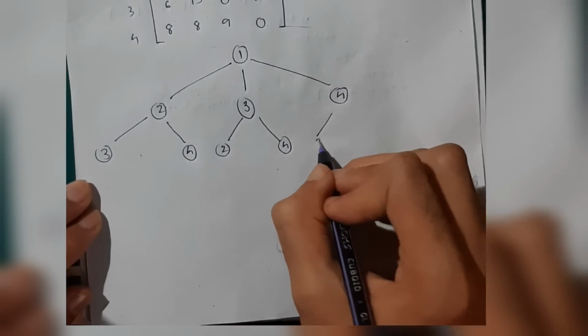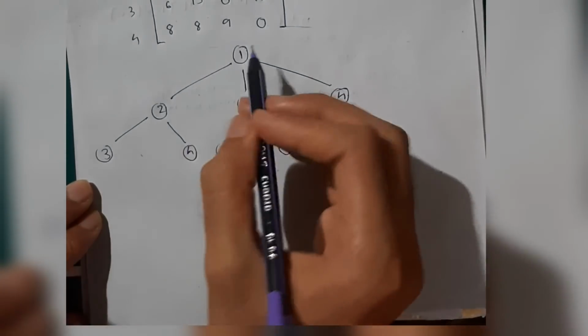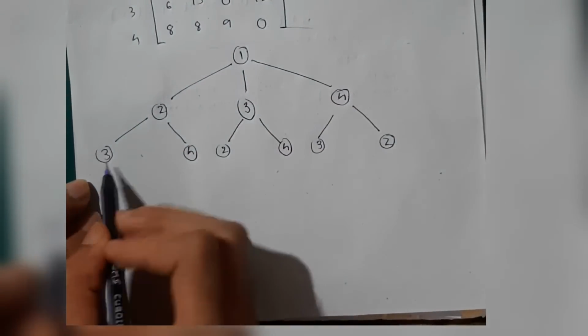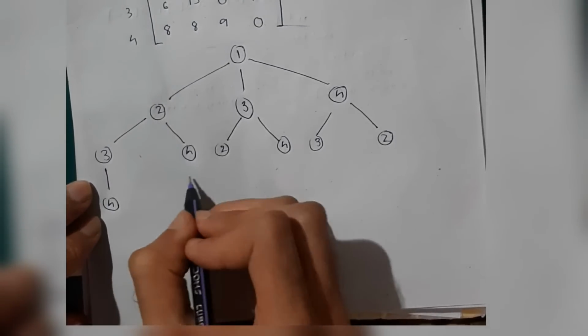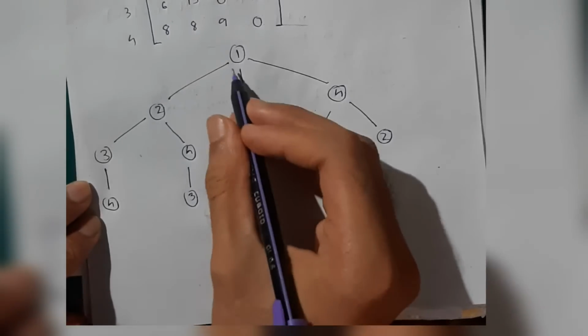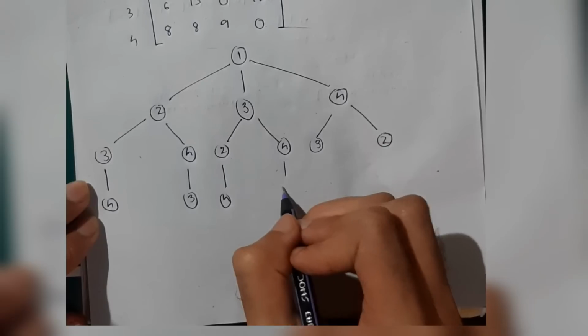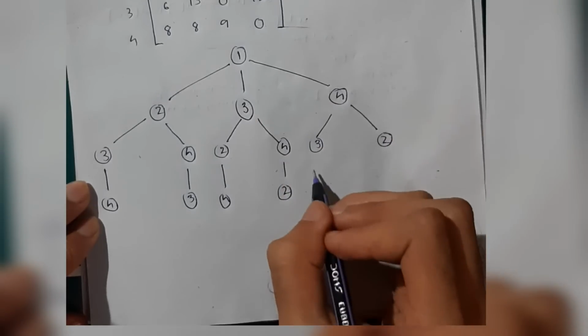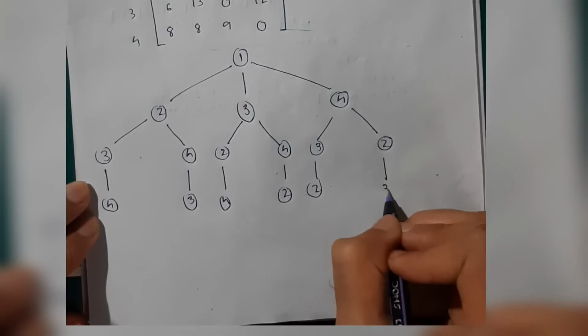From 4 the person can travel to 3 or 2. And from 3, since 1, 2, and 3 are traveled, the remaining one is 4. So from 3 he can travel to 4, and from 4 he can travel to 3. The paths are 1, 3, 2, 4; 1, 3, 4, 2; 1, 4, 3, 2; and 1, 4, 2, 3.